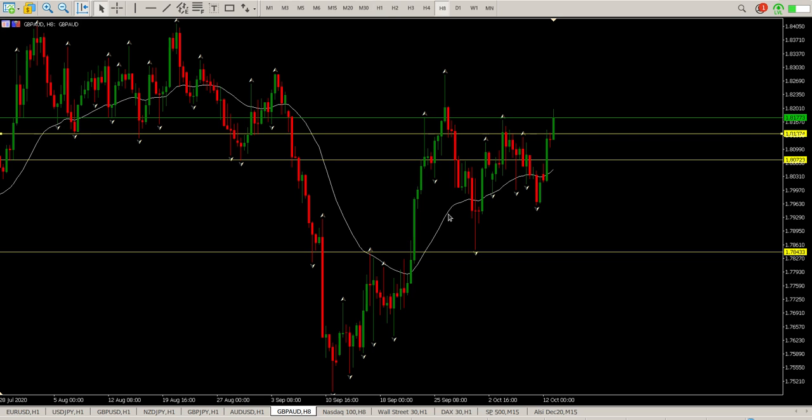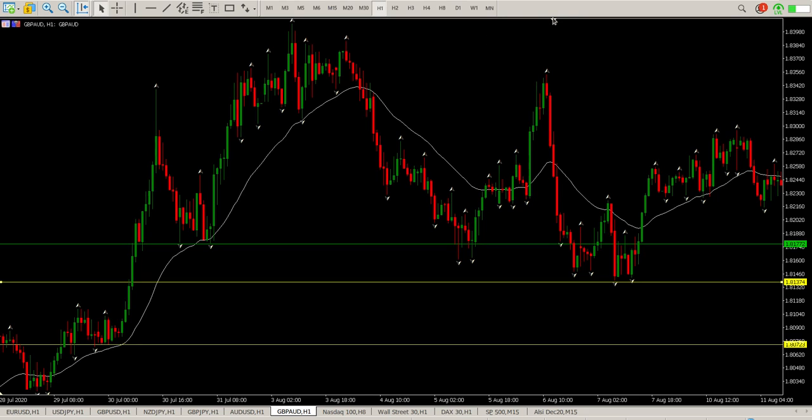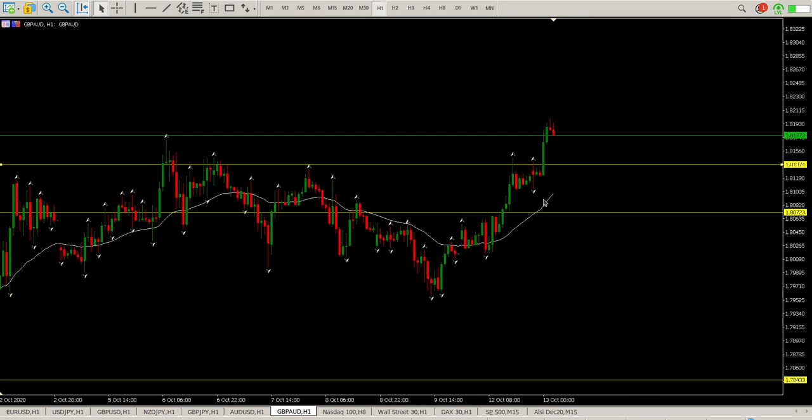Okay, British pound, Aussie dollar. This mess that we've had for the last couple of weeks does look like it's changing. Let's just get to the hour. I don't see anything that's worthwhile looking at there. Okay, so we're looking for a retest back onto 181374. If we can get a retest back into this area, then that would get me long.